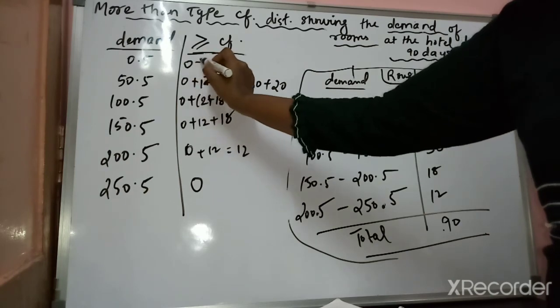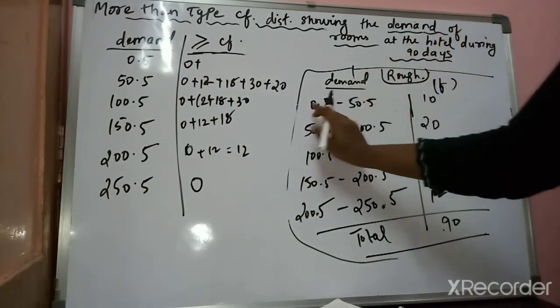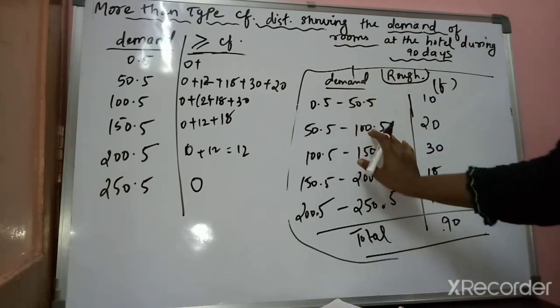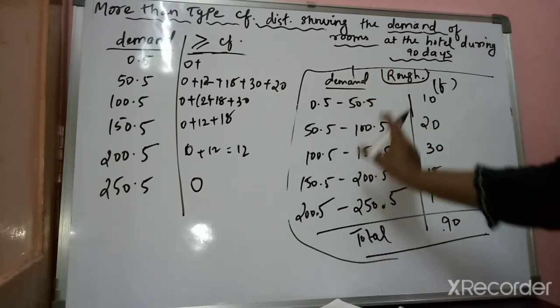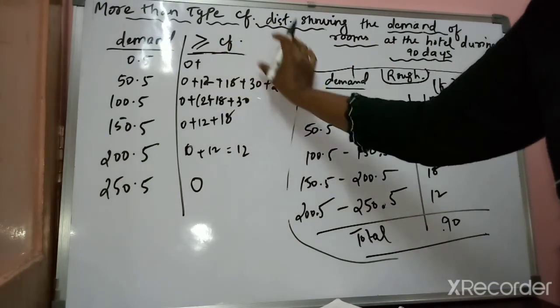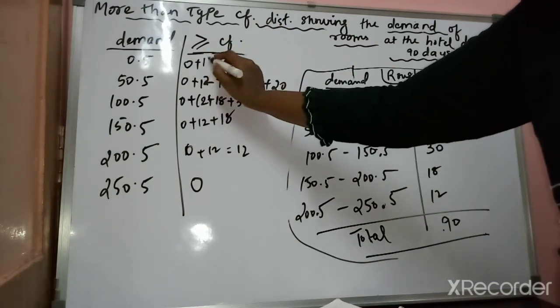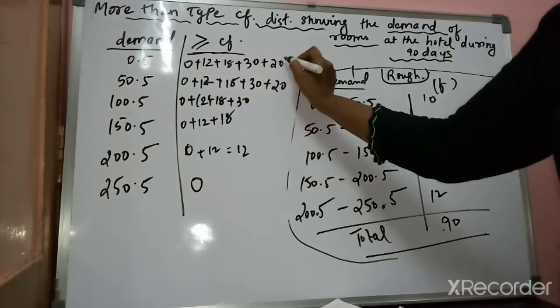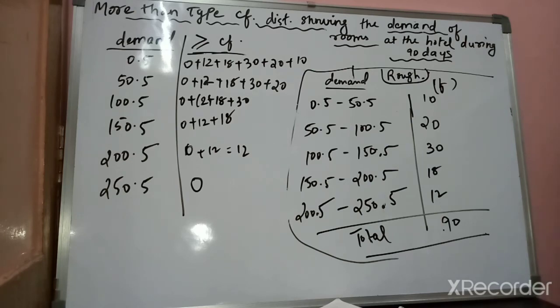And the last, all would be added up, because more than 0.5 all the classes would be there, right? 50.5, 100.5, 150, like this, all the frequencies would be added up in the first one, that is 0, more than 0.5. So it is 12 plus 18 plus 30 plus 20 plus 10. So this is the completion.